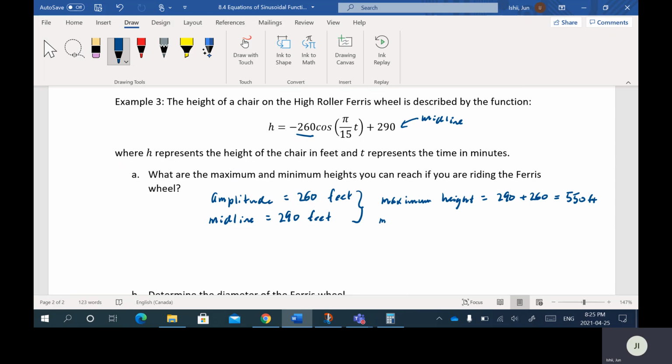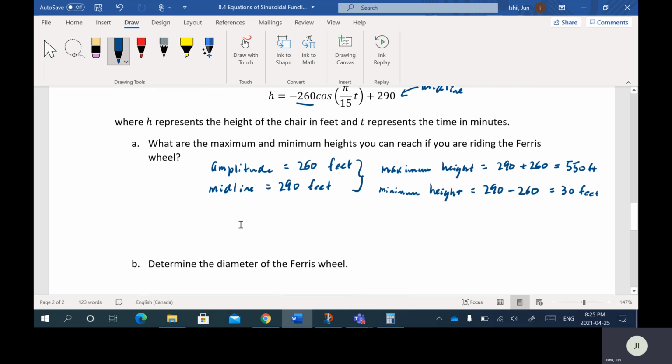The minimum height is going to be the 290, but this time we subtract 260, the amplitude. So the minimum height is 30 feet. The bottom of the wheel is still 30 feet above the ground.